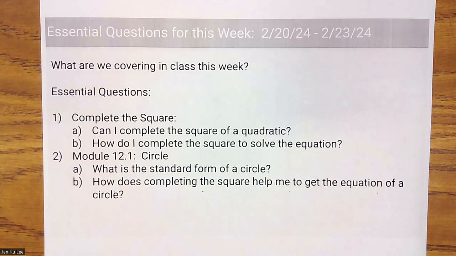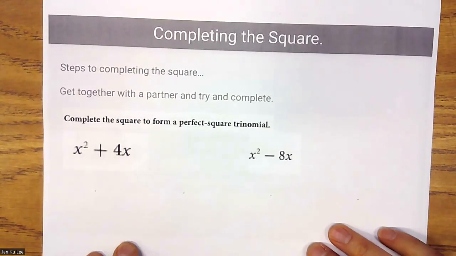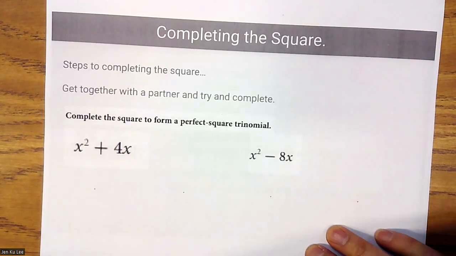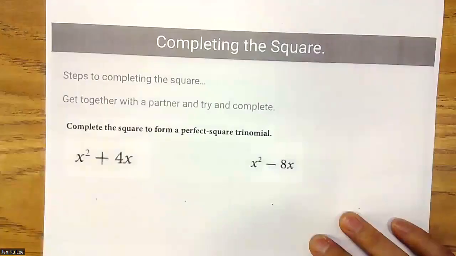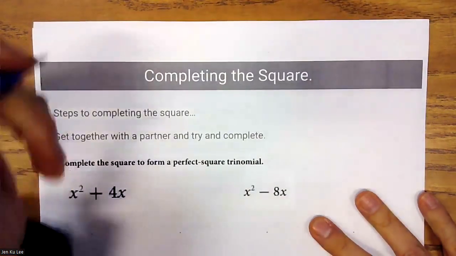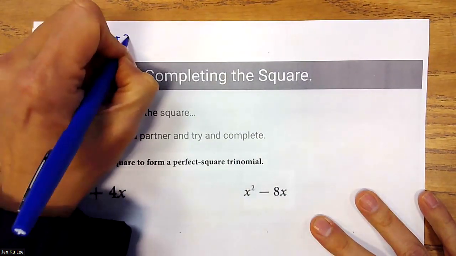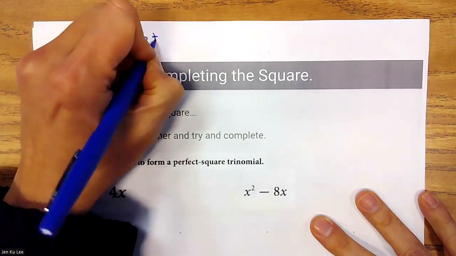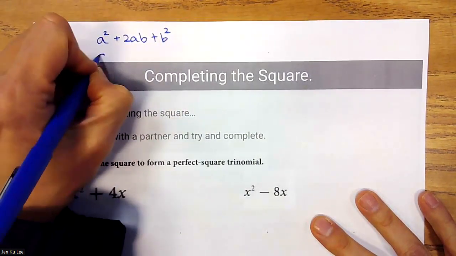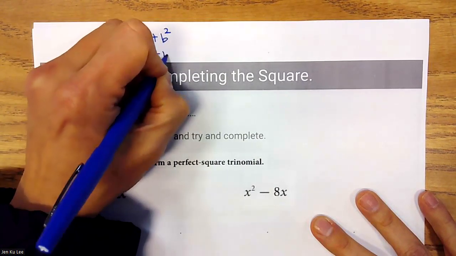So I have a little activity for you guys here. Before I give you this activity, completing the square is based off of two special forms, which are similar, okay? a squared plus 2ab plus b squared, and a squared minus 2ab plus b squared.